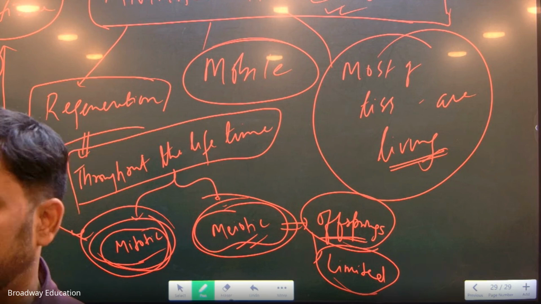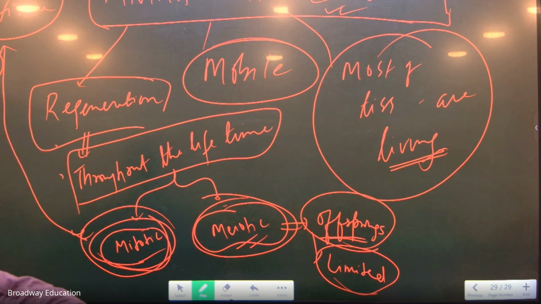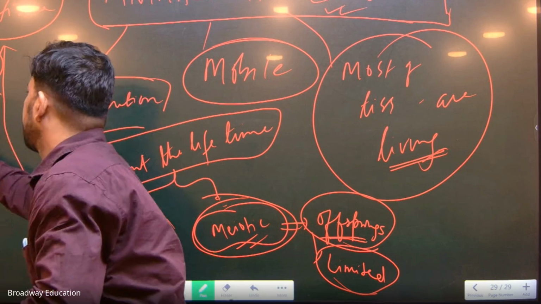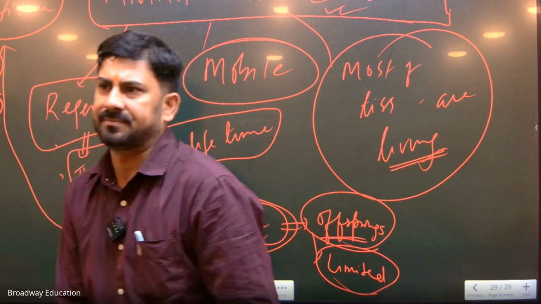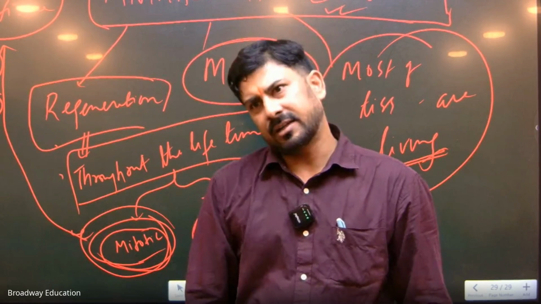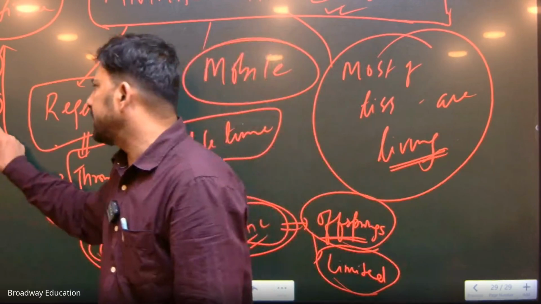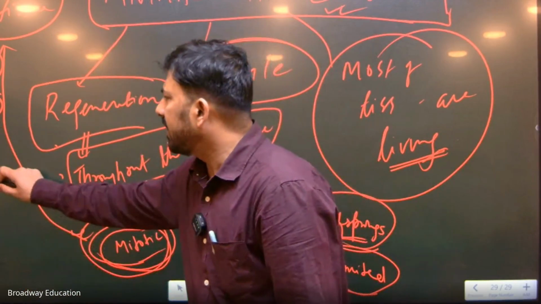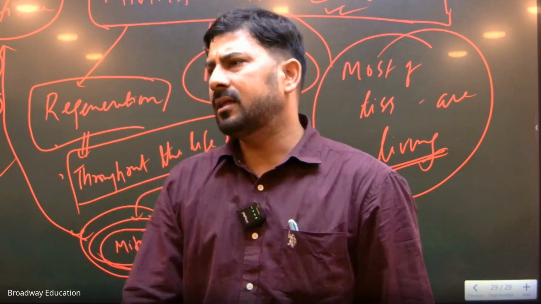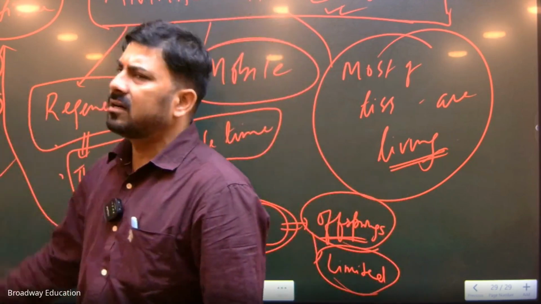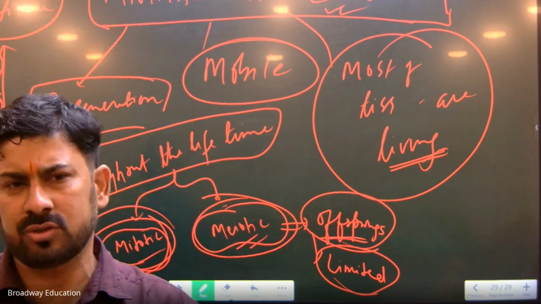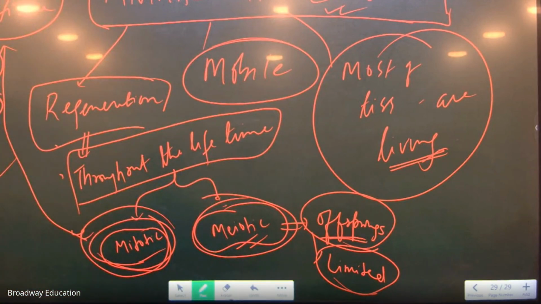So I'll remove my hand. This part is the PNS, the peripheral nervous system. Is this part clear? So those tissues related to the PNS divide throughout life. But the CNS, that is the brain and the spinal cord tissues, don't divide. Simple, clear?